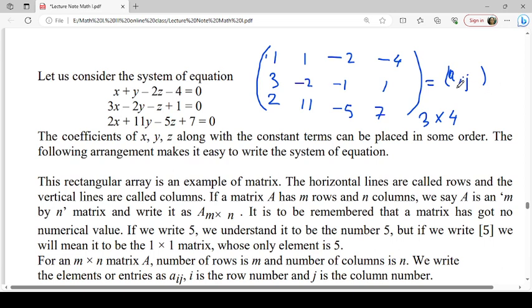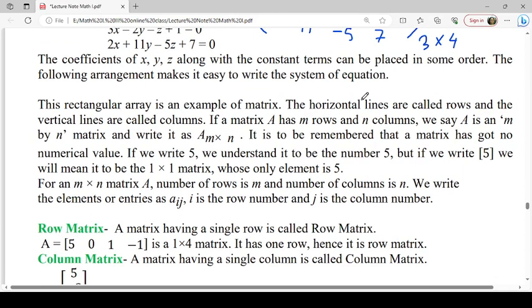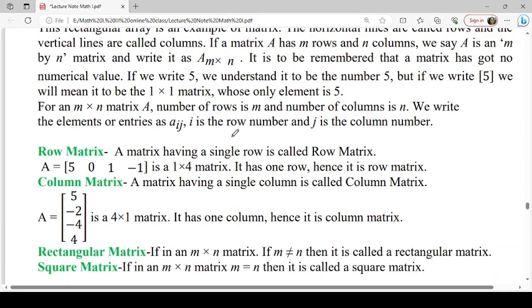When we say a23, 2 is the row number and 3 is the column number, so a23 is the element minus 1, like that. Now in aij, i is the row number and j is the column number.